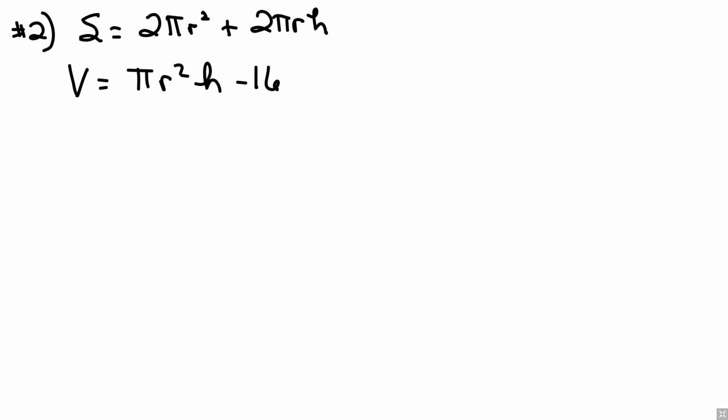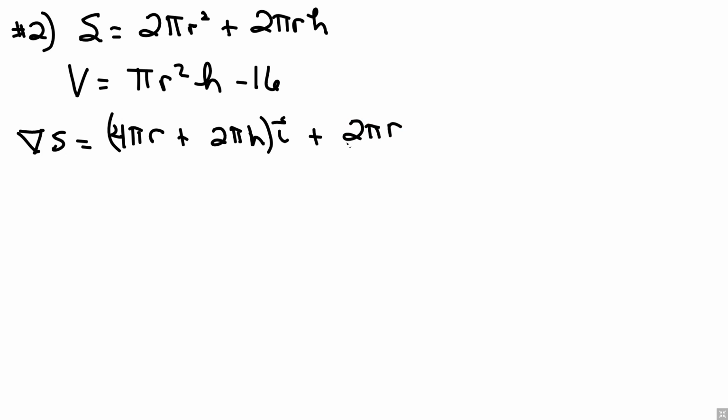If we find the gradient of s, we're going to end up with 4 pi r plus 2 pi h in the i direction plus 2 pi r in the j direction.